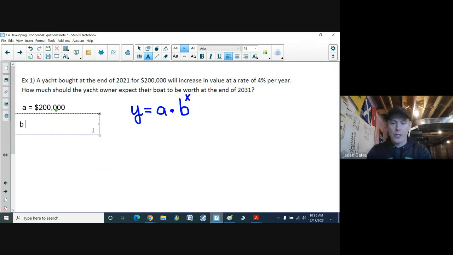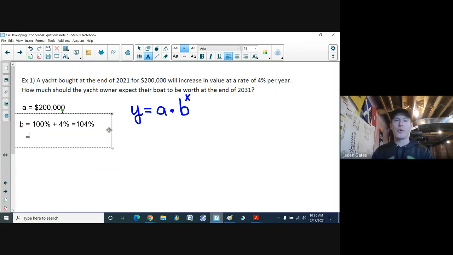This boat is going to be worth all of its value, 100%, but you're going to add 4% per year because it's increasing. So in total, your boat is going to be worth 104% of what it was the year before. Now, back to last unit, percent is useless to us in calculations.